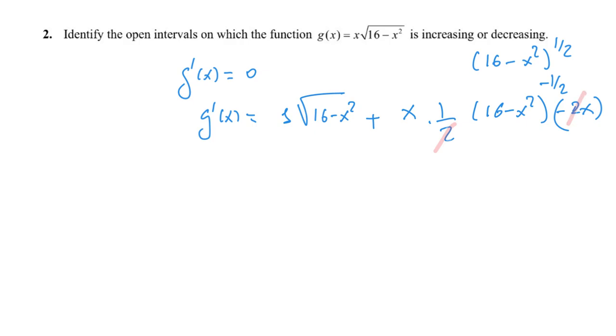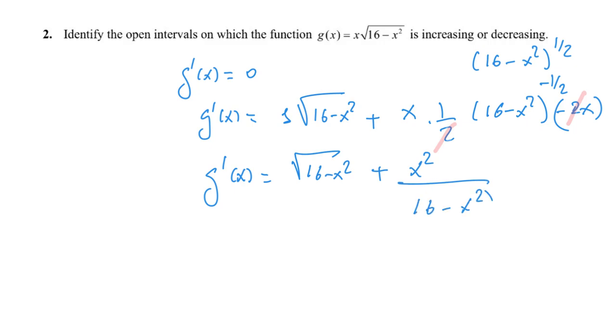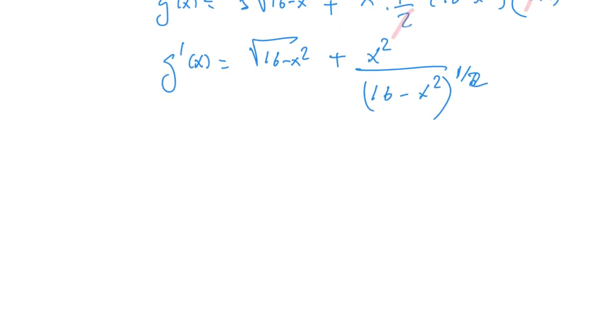Okay, and we have g prime of x equal square root of 60 minus x squared plus x squared divided by 60 minus x squared to the 1/2. Or g prime of x equal, I make the sum, I multiply this by square root of 60 minus x squared, and I divide by square root of 60 minus x squared.